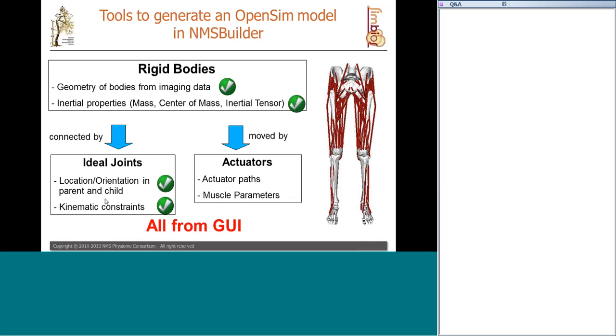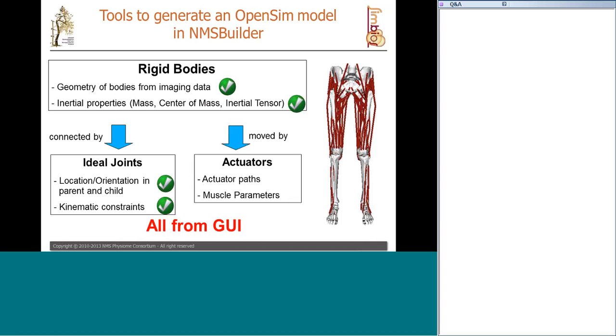So I want to create a ball and socket joint or a hinge joint, but I don't need to do it now because this will automatically be handled in the procedure of creating the OpenSim model that I will show you later, because the user has just to choose the type of joint later on.